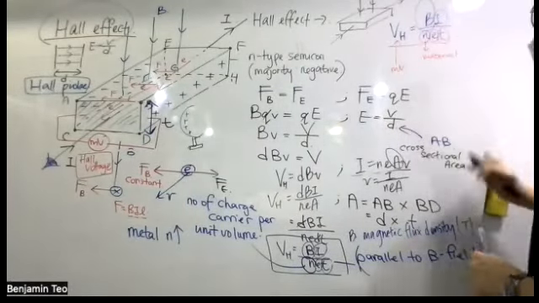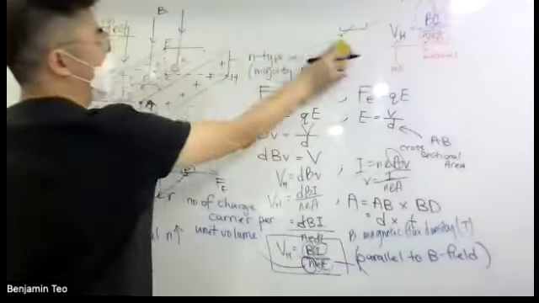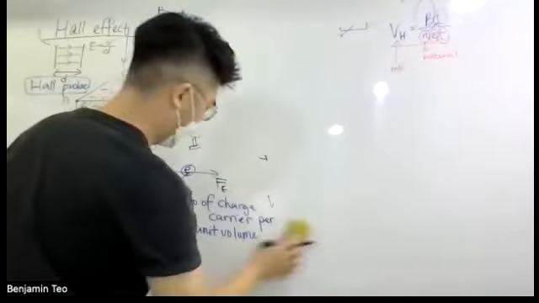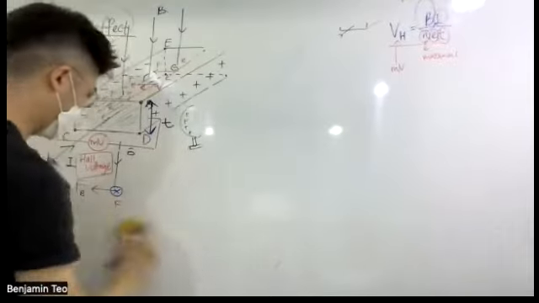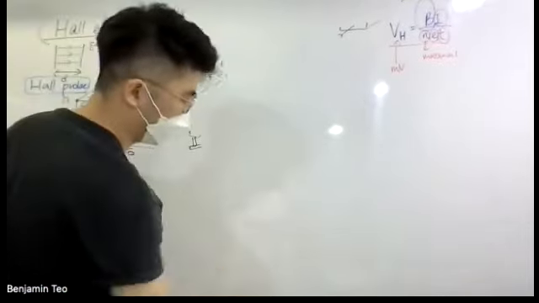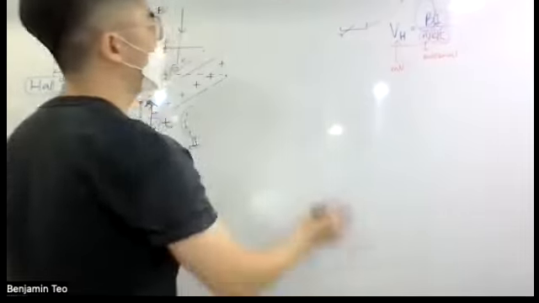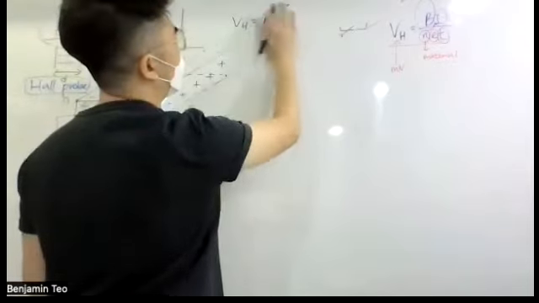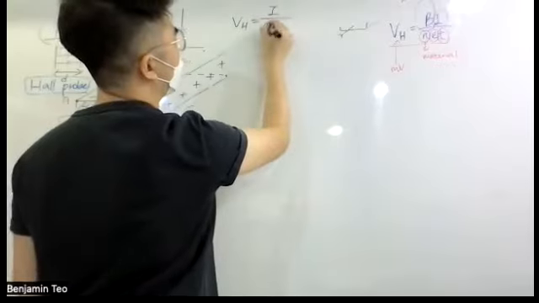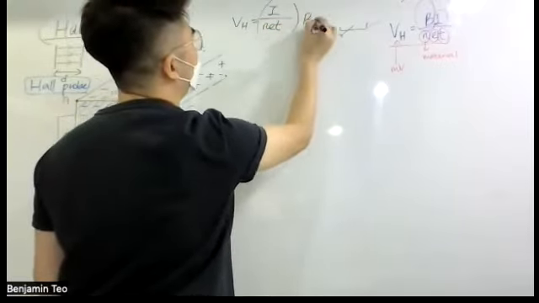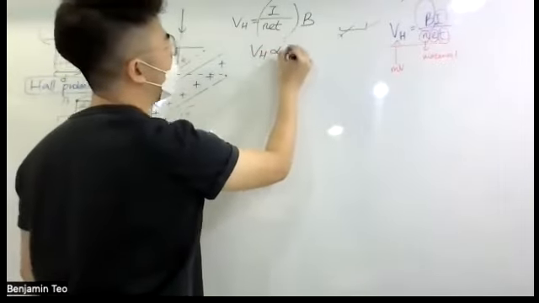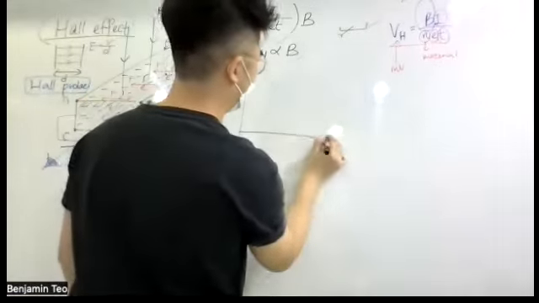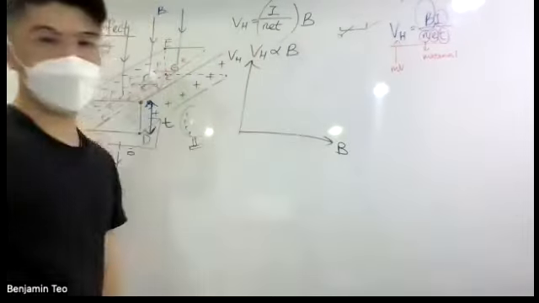Now here, I can also take the relation between V_H equals I over Net, into B. So V_H is directly proportional to B. I can plot a graph of V_H against B, or the other way around.